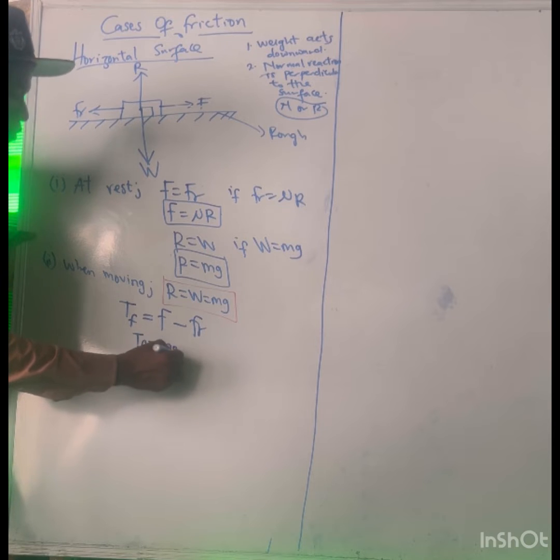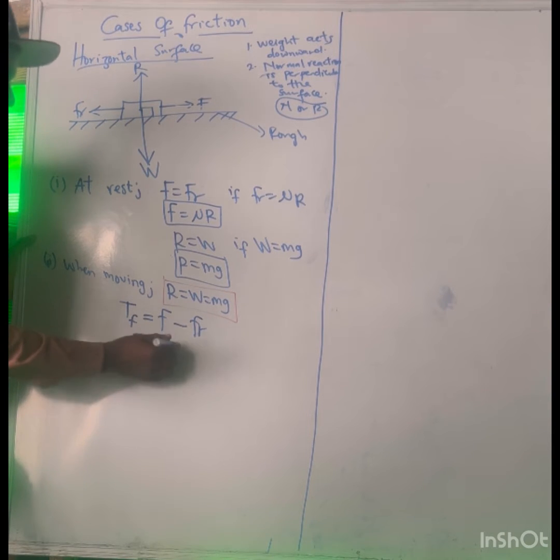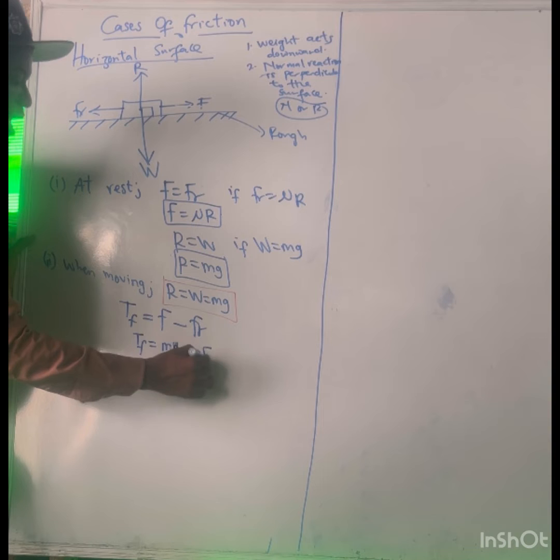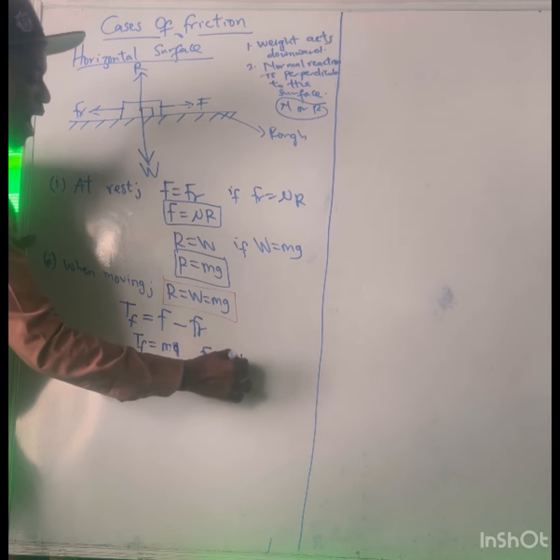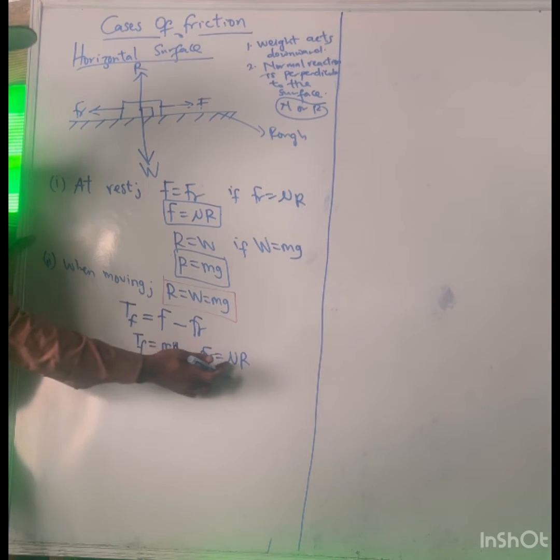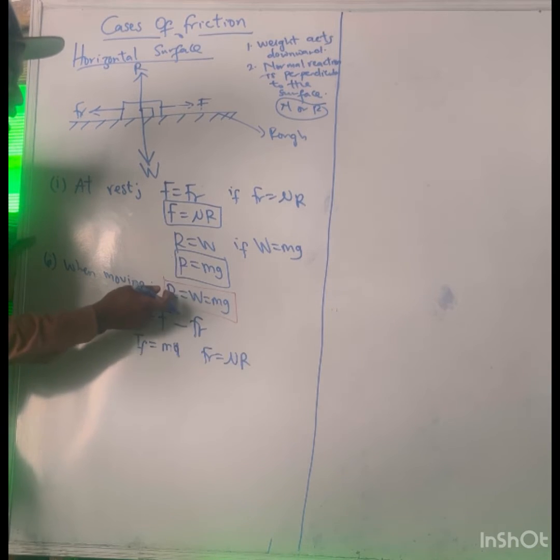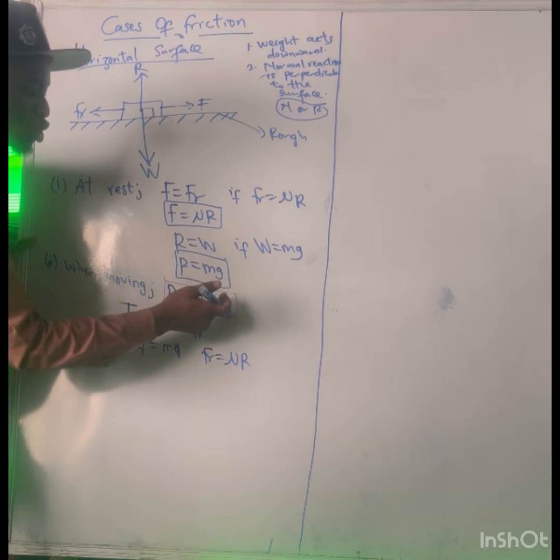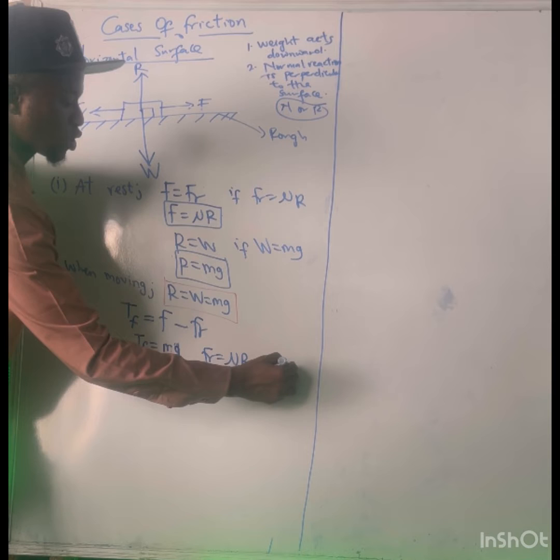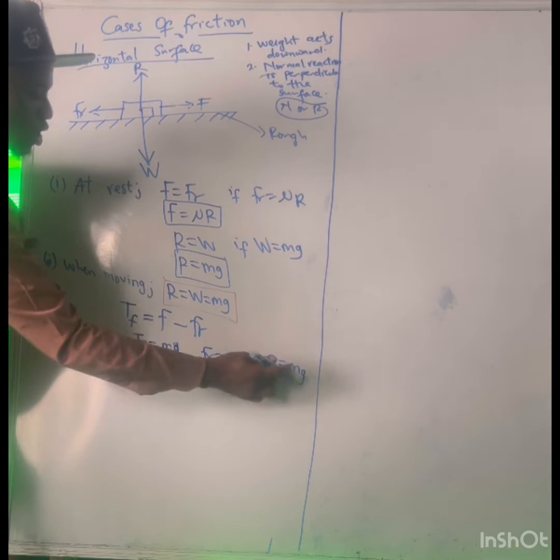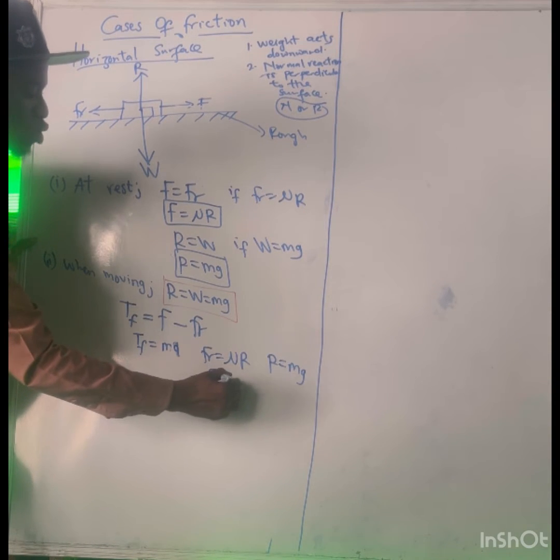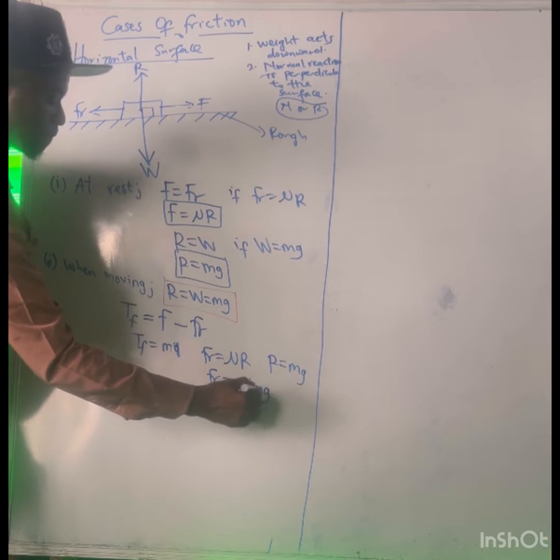Then, guys, you have to remember that my total force TF, I'm going to equate it to what? Ma. But let me say F is equal to Ma. Then my frictional force Fr is equal to what? Mu R. But I have to remember that my R is equal to W, also equal to mg. So this R also equals what? Mg. So if R equals mg, my Fr will also equal what? Mu mg. Do you get that, guys?